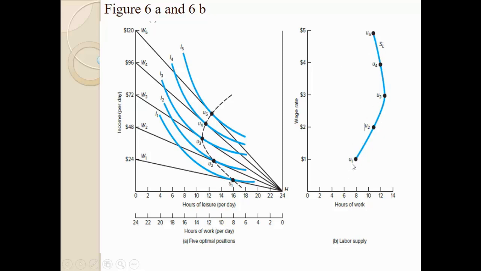So, dear students, this is the backward bending labor supply curve, which shows the relationship between the wage rate and hours of work. This means that work hours change with the change in the wage rate.